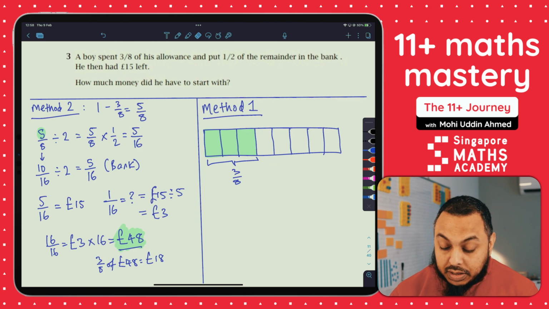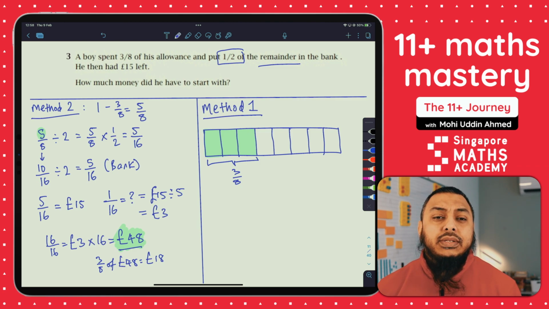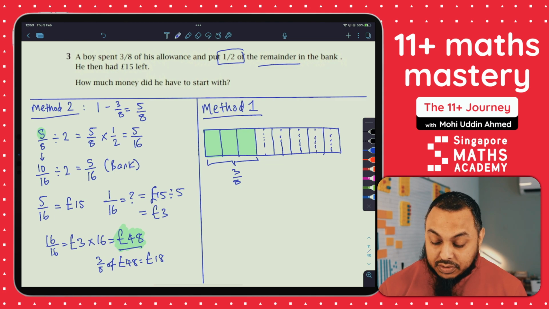So from what he's got left, the remainder, what do we need to do? We need to think about halving the remainder. Now, this is a bit more challenging, right? I've got 5 equal parts and I need to halve those 5 parts. How do I do that? Well, I can maybe halve all of these parts so that I don't have different size parts, different fractions.